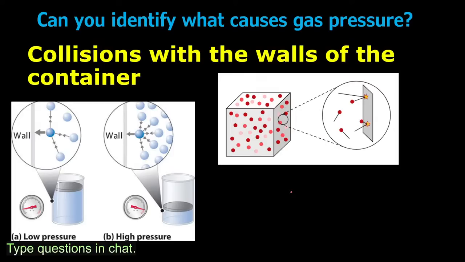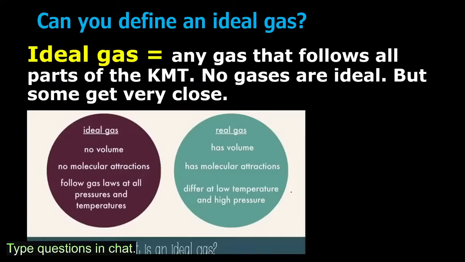Even tiny nonpolar molecules have some very weak London dispersion forces. An ideal gas follows all parts of the kinetic molecular theory at all pressures and all temperatures all the time, 100%. But in reality, real gases behave differently at different temperatures and pressures.